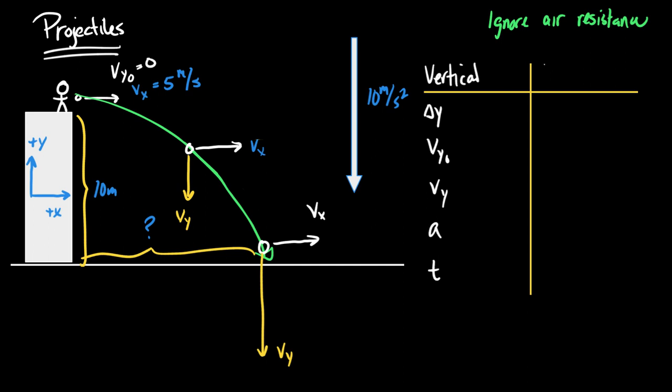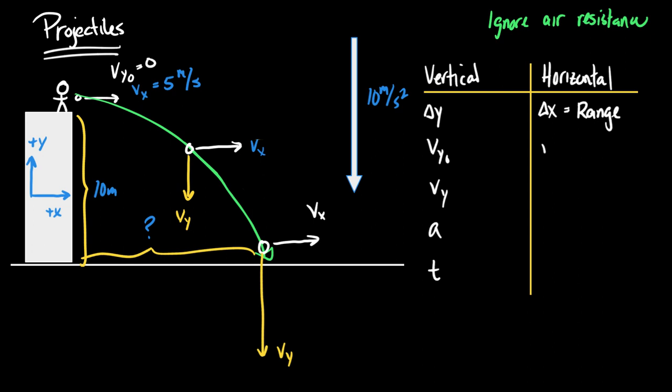At the same time, we have a horizontal part. There's clearly going to be a horizontal displacement. In physics parlance, we call this the range. There's no acceleration horizontally, so whatever the initial velocity is horizontally, that's also the final velocity.